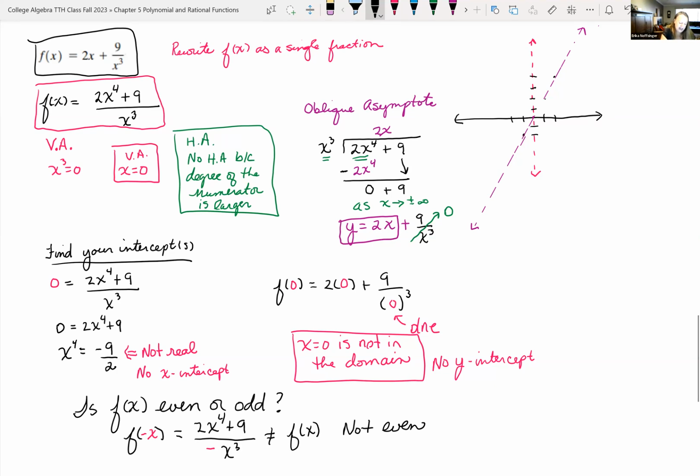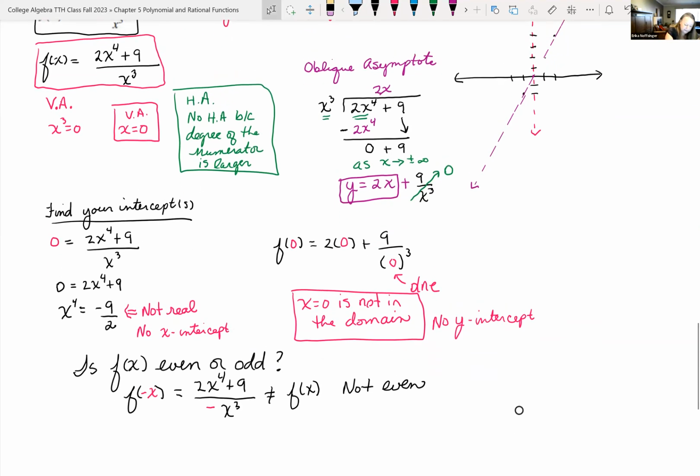And if I look at negative f of x, so multiplying my whole equation by negative 1, I would have negative of x to the 4th plus 9 all over x cubed, which looks like it's the exact same thing as f of negative x.